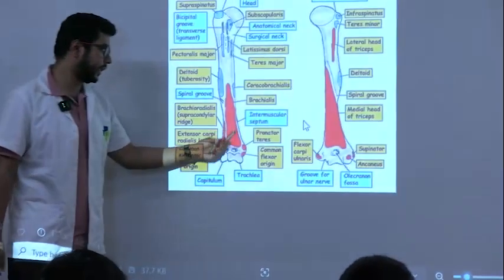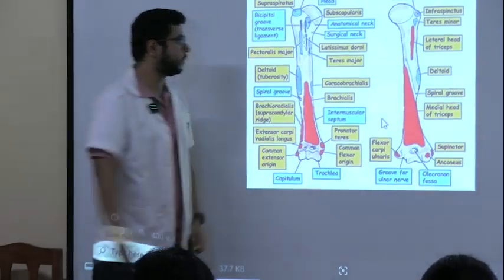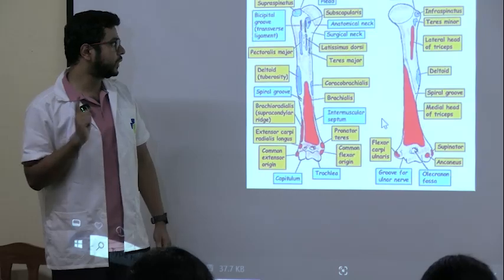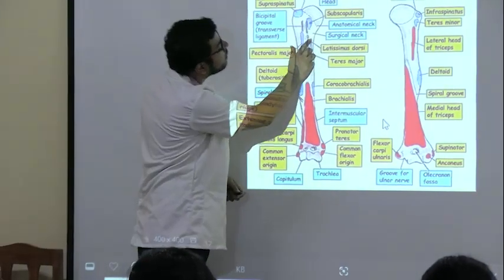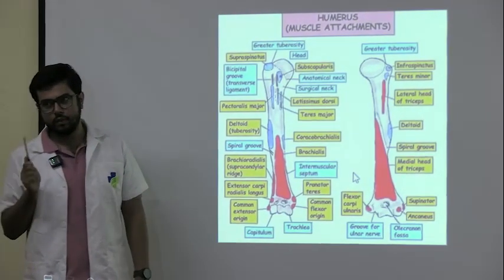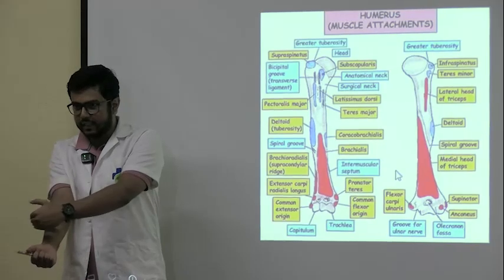See, if they ask you for the brachialis muscle in the dissection, at least you should know it is in the lower half. On the first go, you may not be able to see it. But if you keep on looking in the wrong place for the brachialis muscle, it will be a blunder. Like this is the ulnar side, this is the radial side.